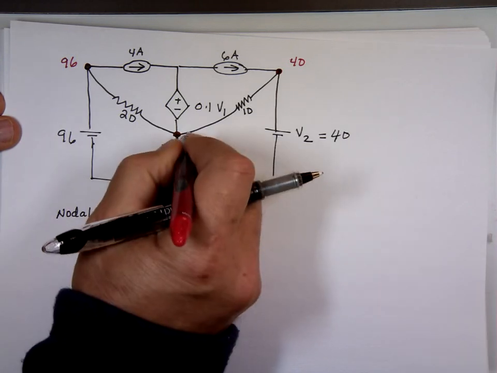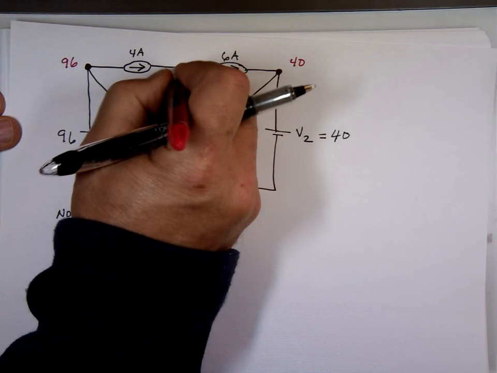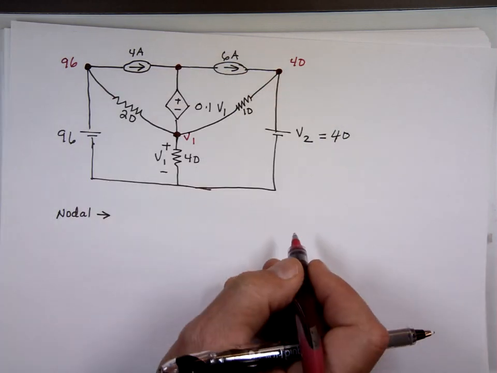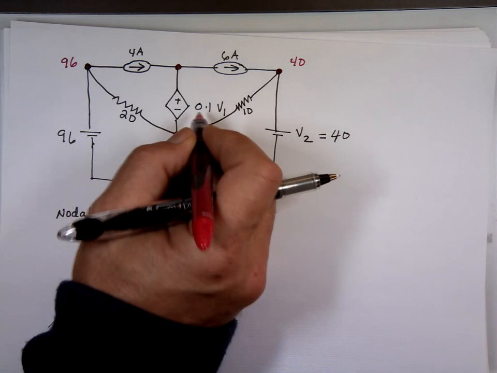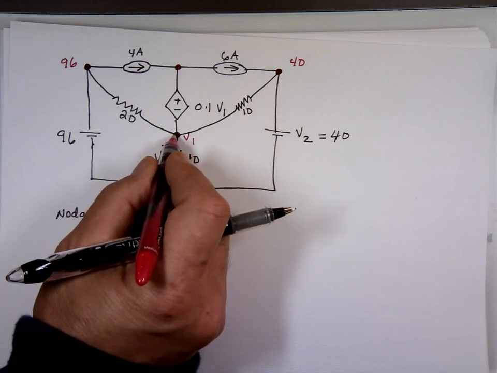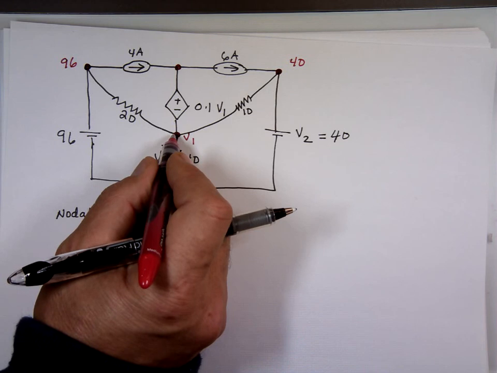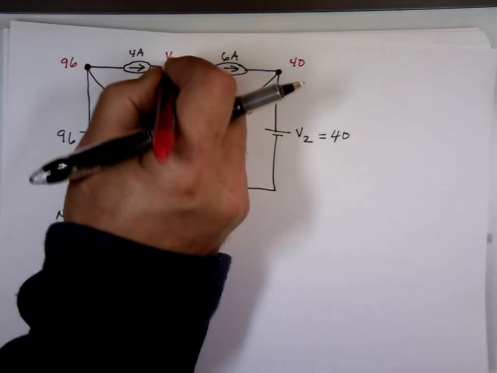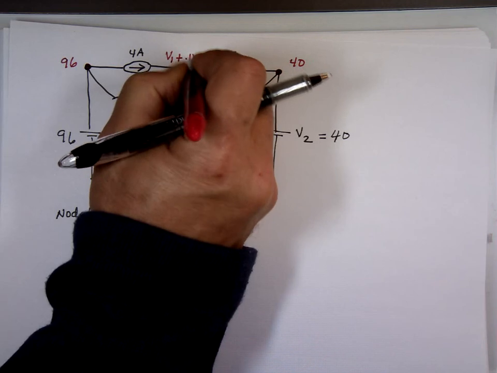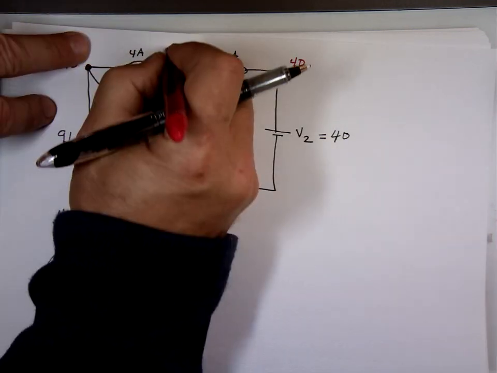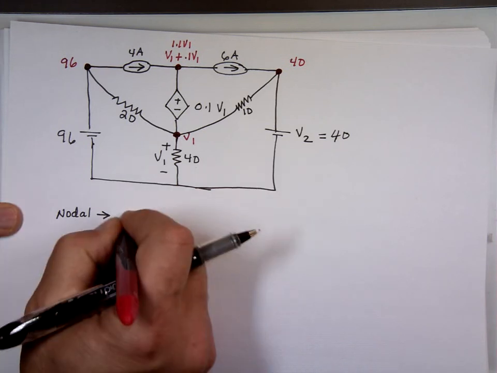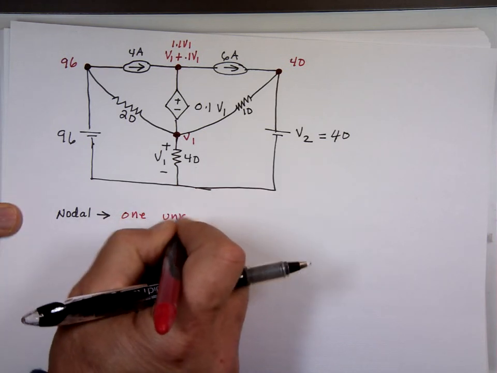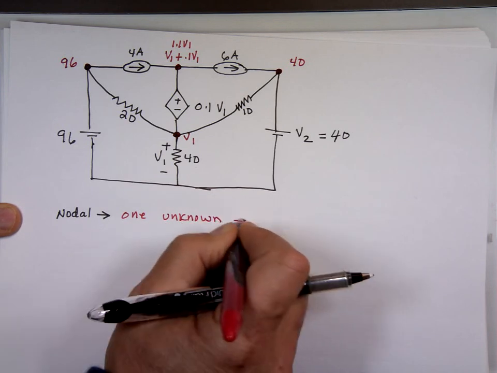Do we know what the voltage here is? No. It's 0.1 V1 higher than this end, so it's V1 plus 0.1 V1, which is 1.1 V1. So how many unknowns do you see? One unknown, which means one equation. That's all you need to solve it.